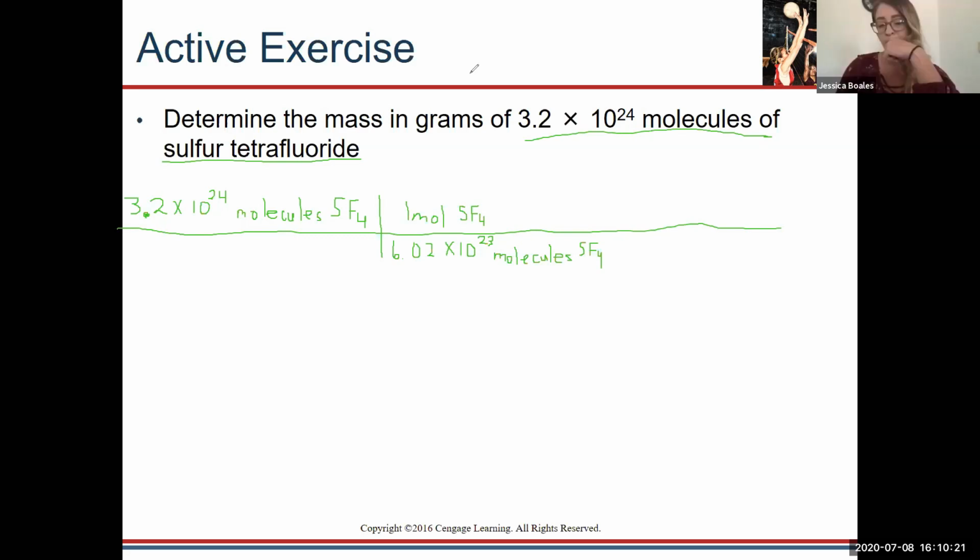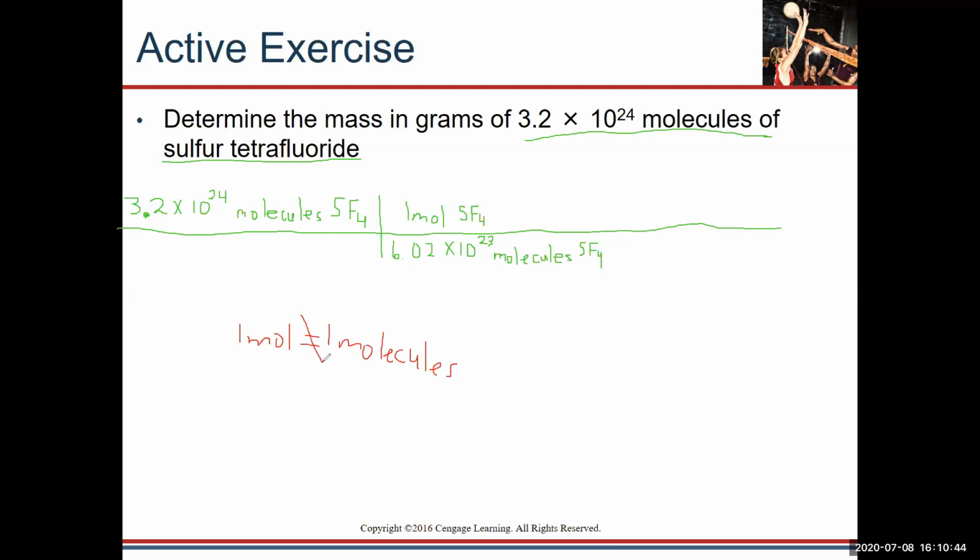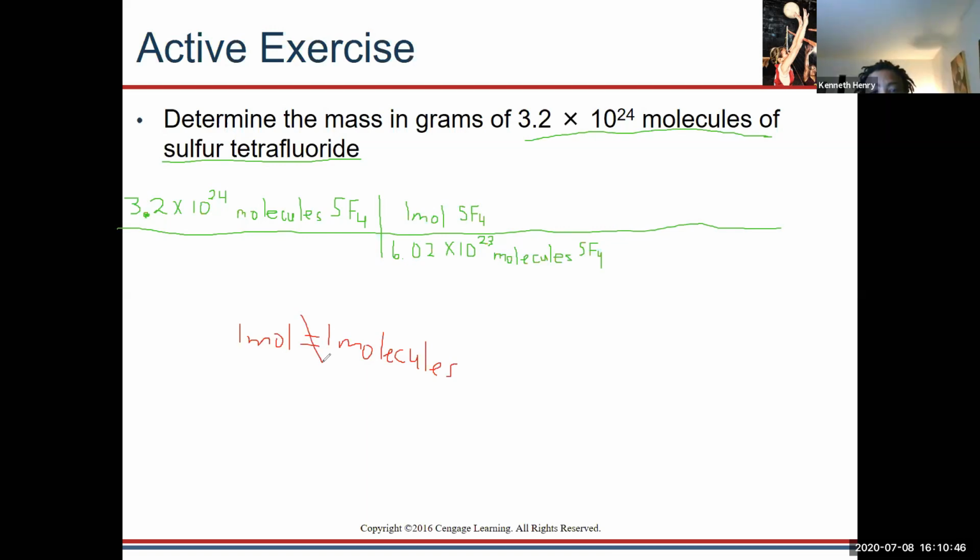Right, they're not the same thing, but they can be equal to each other. 1 mole does not equal 1 molecule. How many molecules does 1 mole equal if we're talking about a molecule?